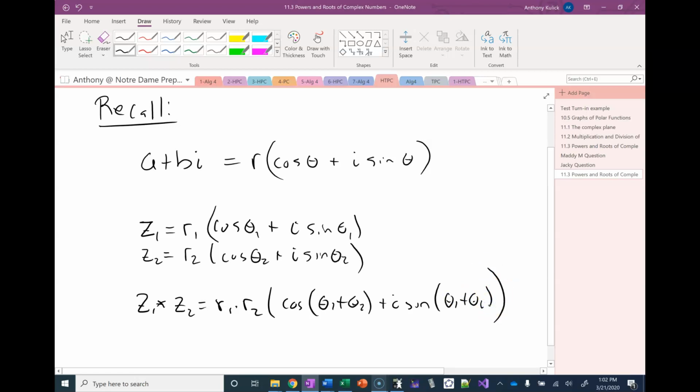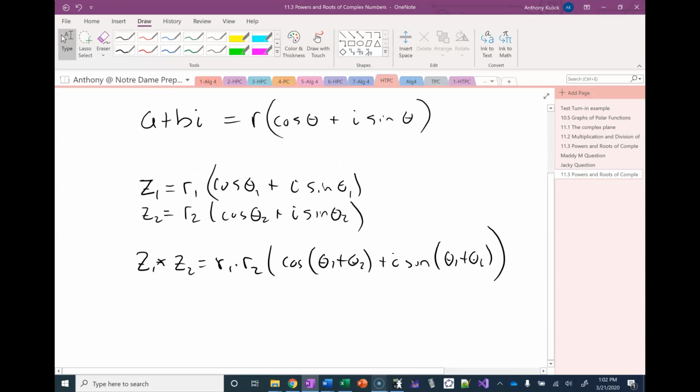So to deal with an exponential situation, all we're going to do is extend this definition.